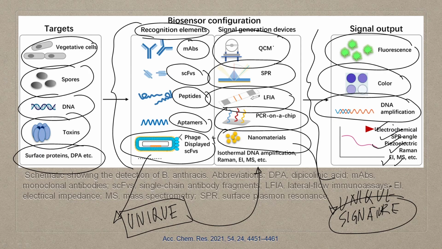Then after the biology and the biochemistry of it, and of course, the microbiology of it, you have to understand the basic physics of different devices, because these are all physical devices. When we talk about quartz crystal microbalance, surface plasmon resonance, even partly the immunoassays which are being done on lateral flow, PCR, these are physical processes. So, you have to understand the physical devices involved.